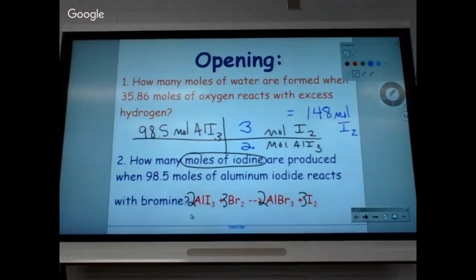Some of you are going to get some weird numbers because you're doing it based on what your lab data gave you. You may not get the right answer because some of you, God forbid, are not going to have great lab technique. So you're going to get some jacked up numbers. But if you did the work correctly with the messed up numbers, you can still get full credit. Does everybody understand that? Okay.